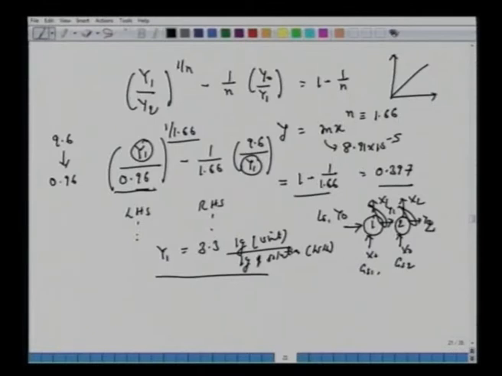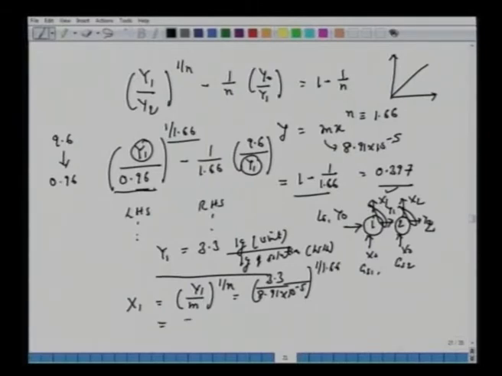To calculate GS1, we have to make a balance around this stage. We have to determine X1, but X1 is in equilibrium with Y1, so we can write X1 as Y1 over m, raised to the power 1 over n. Y1 we have calculated as 3.3 by iterations or by some numerical algorithm. M is the slope of the Freundlich isotherm, which we fitted in our previous example through the equilibrium curve, and n is 1.66.